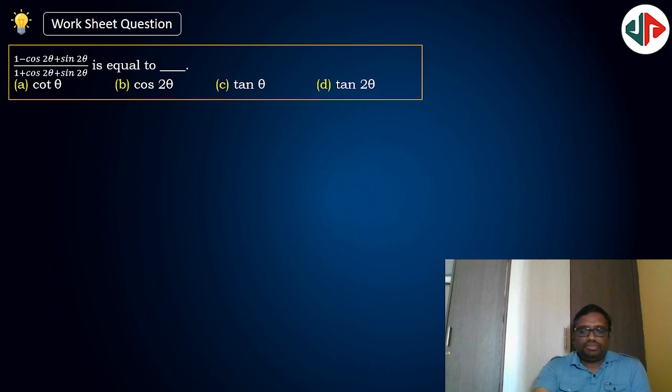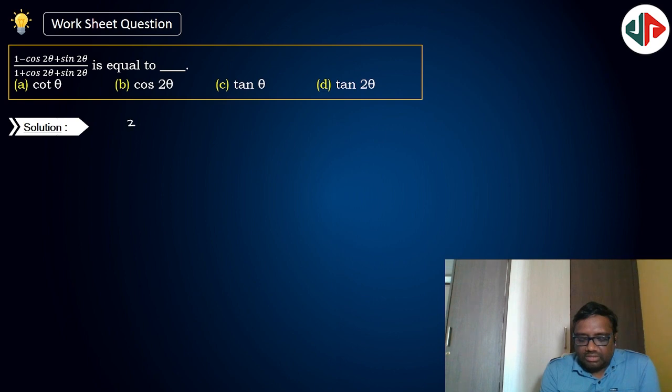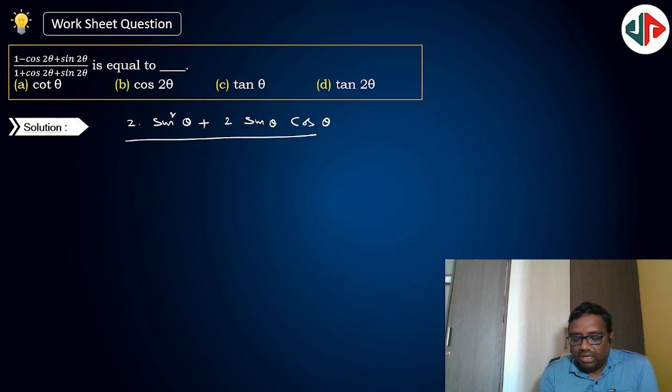Next one is 1 minus cos 2 theta plus sin 2 theta by 1 plus cos 2 theta plus sin 2 theta. So 1 minus cos 2 theta we can write as 2 times sin square theta, plus sin 2 theta means 2 sin theta into cos theta, by 1 plus cos 2 theta means 2 times cos square theta plus 2 sin theta into cos theta.